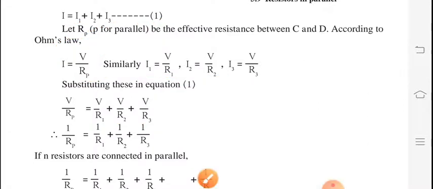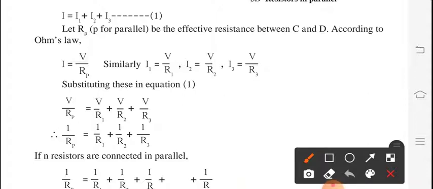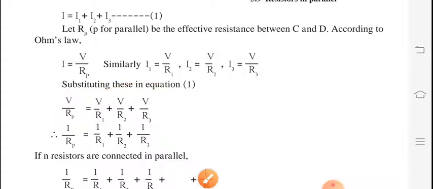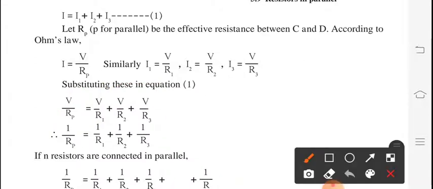Here we are taking V common. If we take V common, then 1 will be remaining, and this V and this V are going to get cancelled. So what is the remaining part? 1 upon Rp equals 1 upon R1 plus 1 upon R2 plus 1 upon R3.